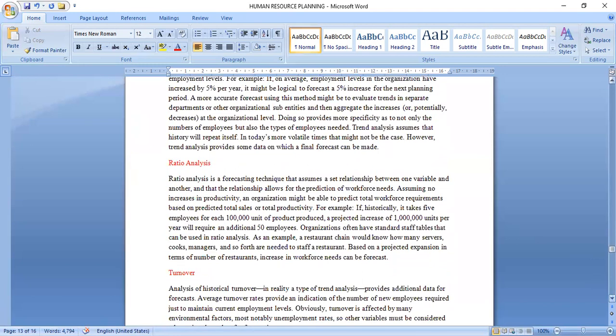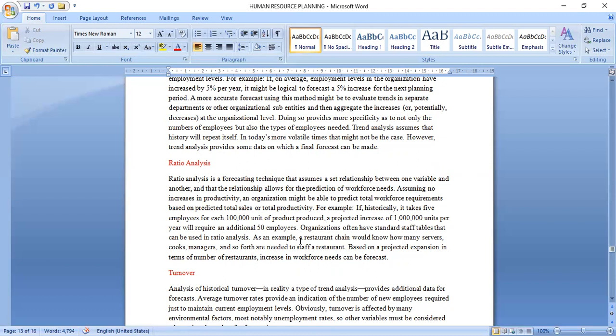Then the second approach is what we call the ratio analysis. In the ratio analysis, basically, we consider a relationship between two variables. For example, we can consider the relationship between productivity, or the organization's sales, in relation to the employees.